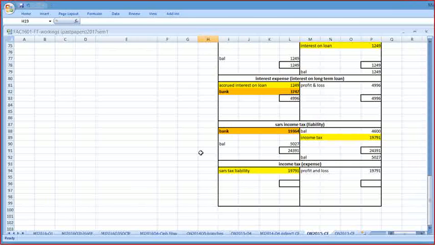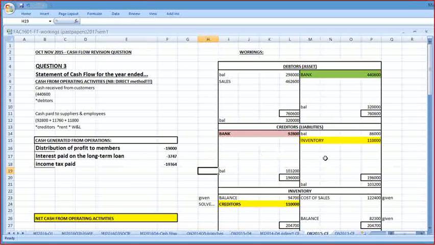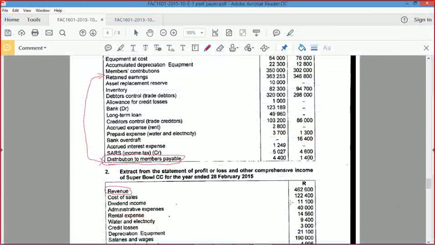Okay, happy? Okay, go back to the question. Look for anything else that affects cash flow. Is there anything else that affects cash flow from the question? Cost of sales, dividend income. Would it be administrative expenses? Okay, we're going down the list. So we've looked at this, we've looked at this.